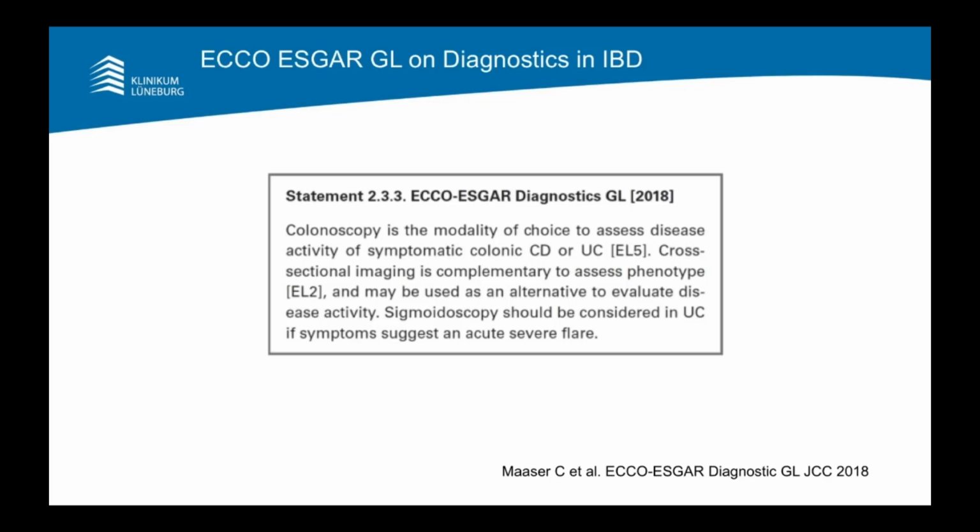Now, how about ECCO? I told you that about 3 years ago, an expert on IBD at ECCO told me, oh, the use of intestinal ultrasound is not very helpful in ulcerative colitis.